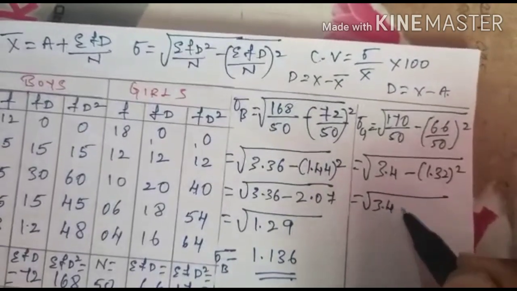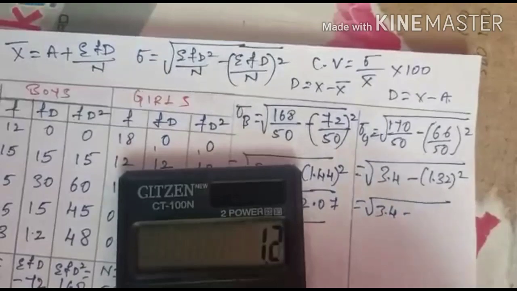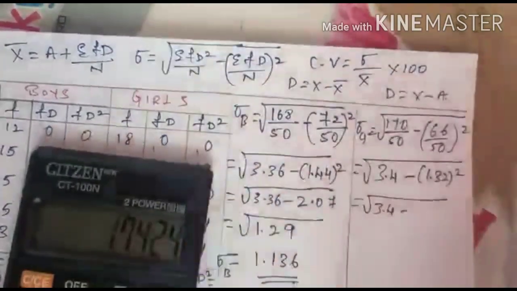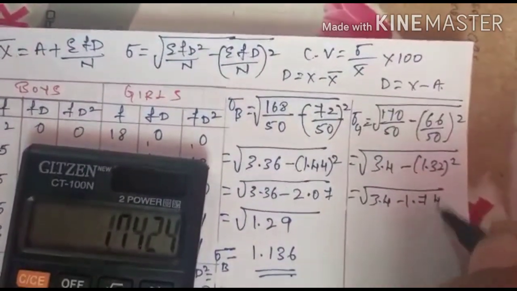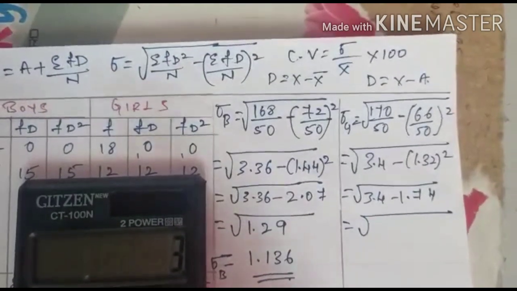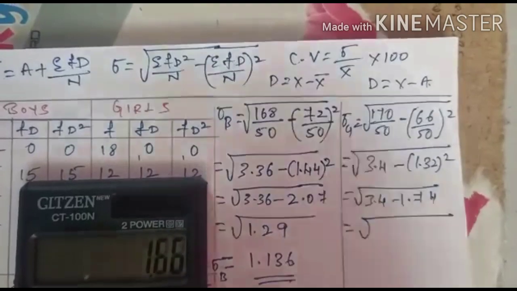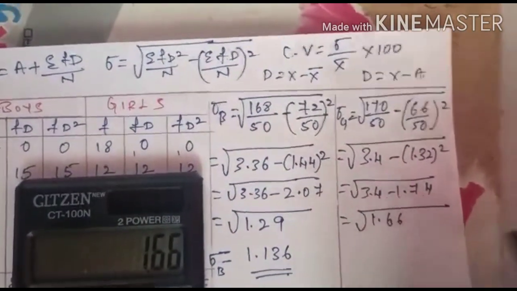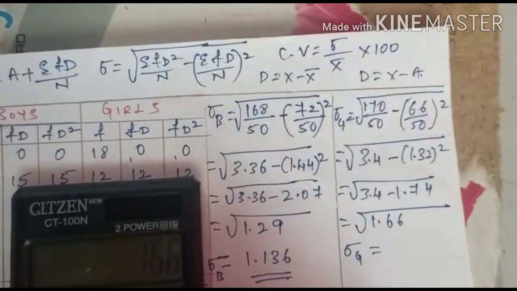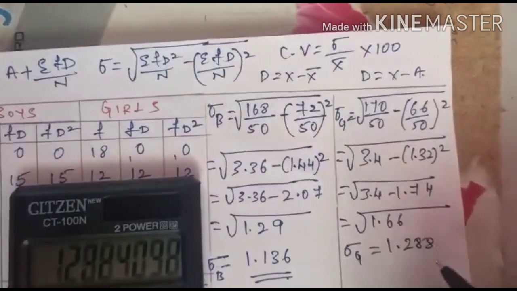Now 1.32 square means 1.74. Now 3.4 minus 1.74, this is 1.66. The standard deviation of girls is the square root of 1.66, that is 1.288.